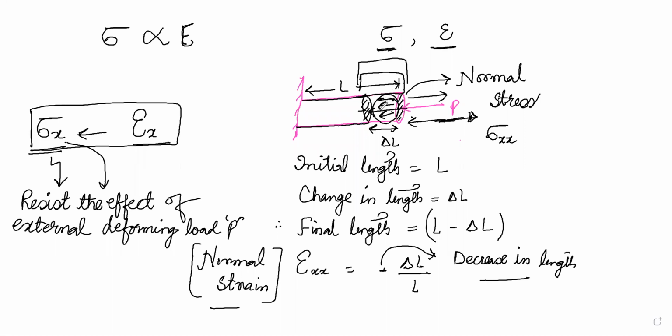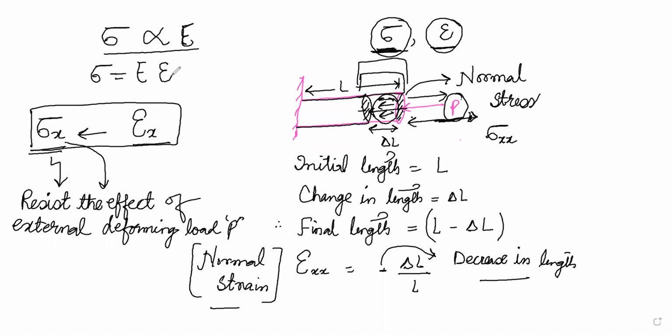The machine element tries to resist the effect of the external deforming load and builds up the internal stress, such that as you keep on increasing the external load, the strain keeps on increasing, and in response, the stress also keeps on increasing. So we write sigma is directly proportional to eta. If we remove the sign of proportionality, we write sigma is equal to some constant E times eta.